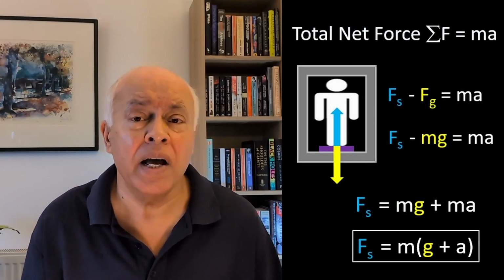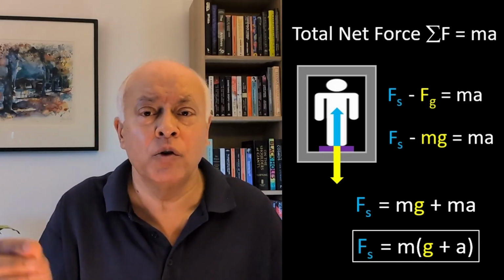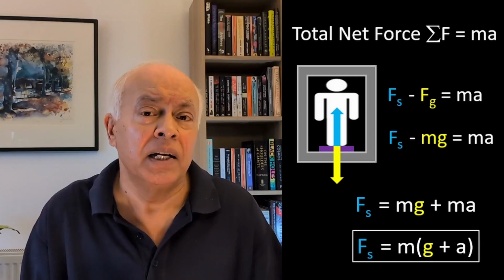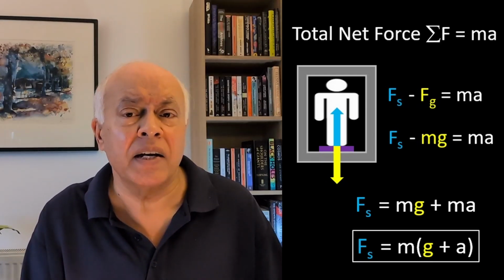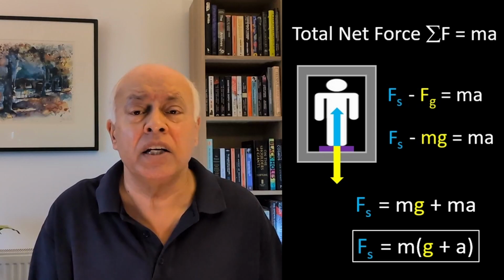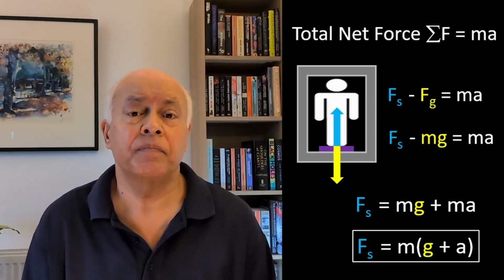Newton's second law, F equals ma, says that the net force on an object, that is the sum of all forces acting on it, equals mass times acceleration. Let's put the forces Fg and Fs into this equation, and we get Fs minus Fg equals ma, taking the positive and negative directions into account.